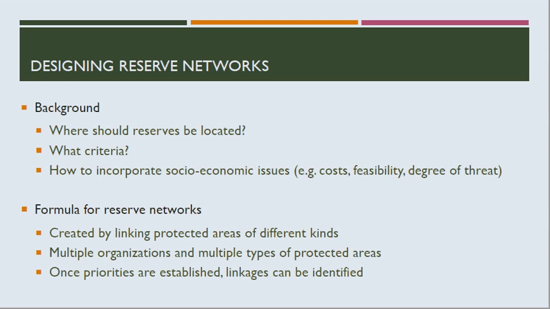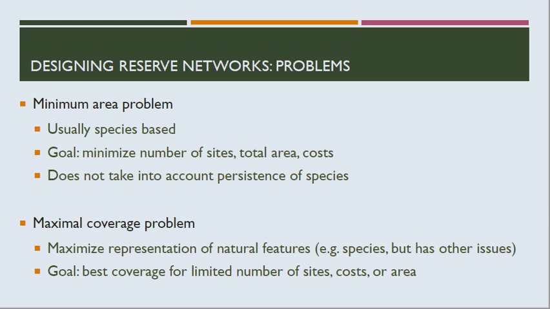Some of the problems with reserve networks is that quite often there is a minimum area problem, particularly if you are designing your reserve network for one particular species and the metapopulation dynamic requirements of that one particular species. Minimum area problems may be extended to other species existing in that reserve.